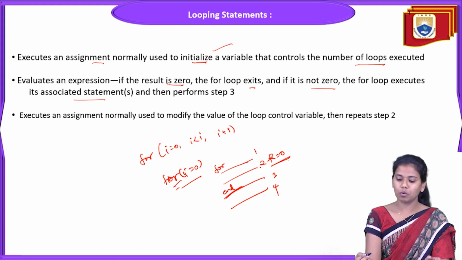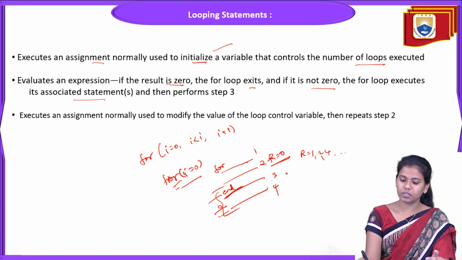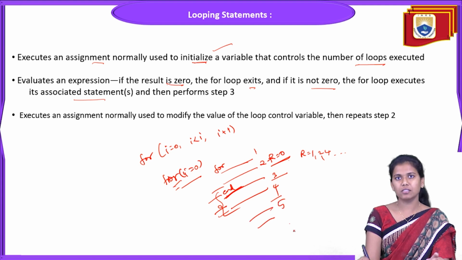But in case my output is not 0, if I'm getting non-zero values, 1 or 2 or 4 and so on, what happens? My for loop executes the rest of the statements. It will not end, but goes on executing statement 3, statement 4, statement 5, and so on.